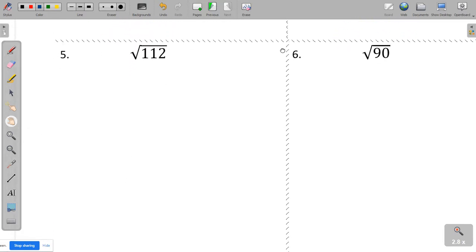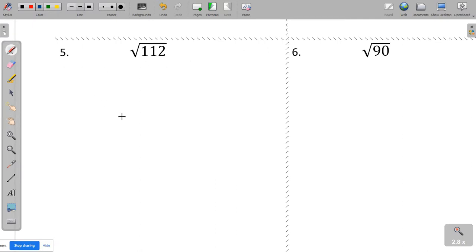Let's look at number 5 now. Square root of 112. What goes into 112? We can divide it by 2. And when we divide 112 by 2, we get 56. 2 is prime. 56 we can divide by 2 again. If we divide it by 2, we get 28. 2 is prime. Break open 28. So 28 we can divide by 2.